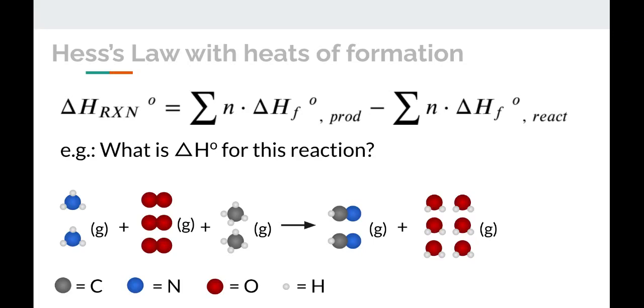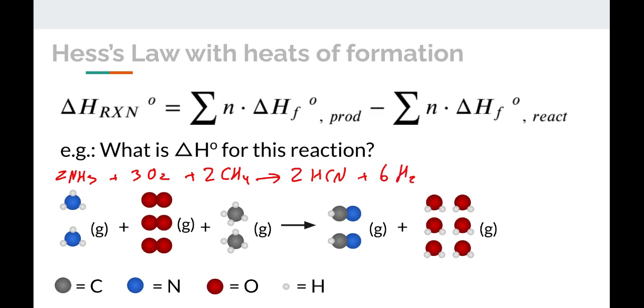Let's try another one. The balanced chemical equation here is going to be 2NH3 plus 3O2 plus 2CH4 makes 2HCN and 6H2O.